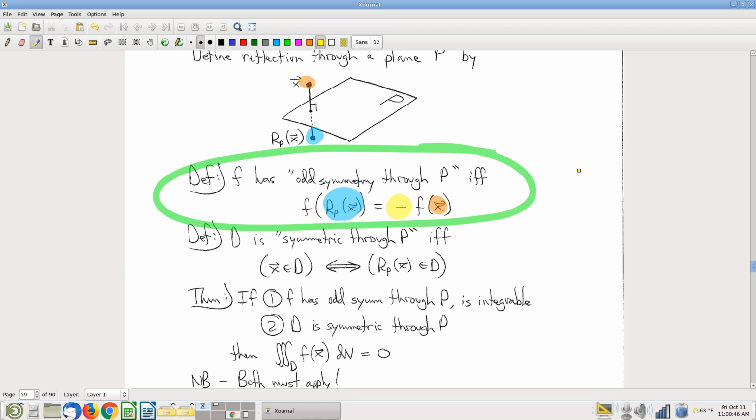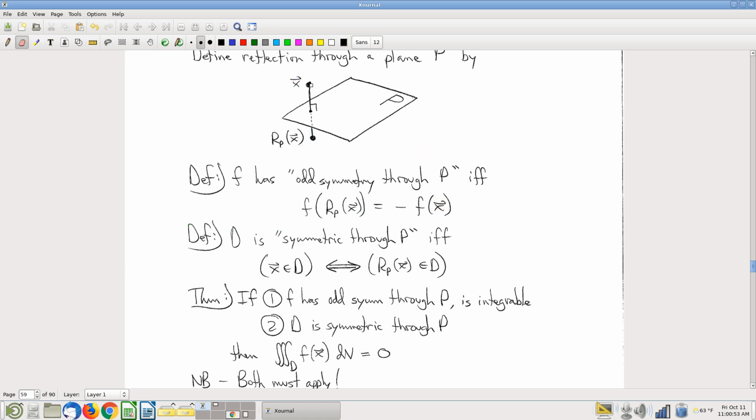Again, it's the same idea of odd symmetry, just in a 3-dimensional context instead of 2. Same idea of what it means for a domain to be symmetric. Whenever a point is in the set, I need its reflection to be in the set. It's the Rorschach. It's a 3-dimensional version of the Rorschach type images.